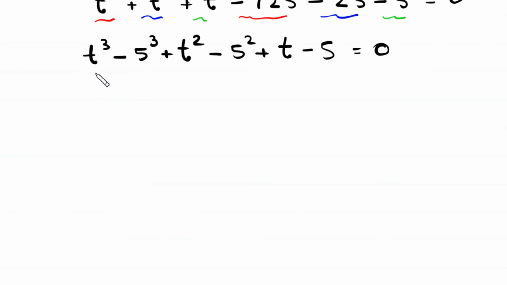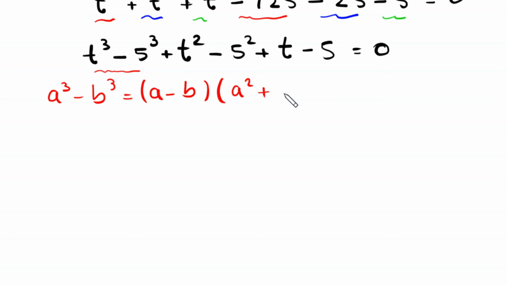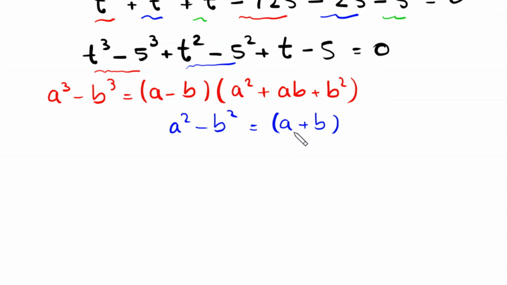We expand this t cubed minus 5 cubed using this identity: a cubed minus b cubed equal to (a minus b) times (a squared plus a times b plus b squared), and we expand this t squared minus 5 squared by using this identity: a squared minus b squared equal to (a plus b) times (a minus b).